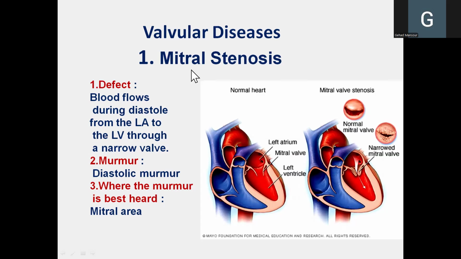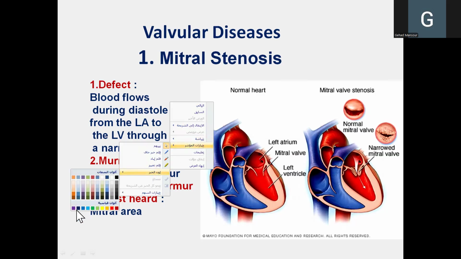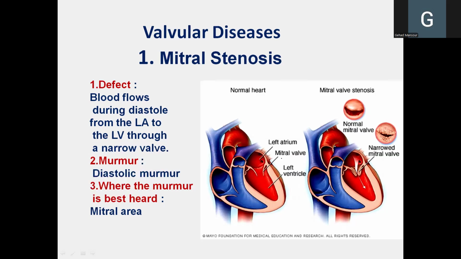If you look at the left side of the diagram, you can see a normal heart, and you can see that the mitral valve is normal. This is the normal width of the mitral valve. But when we look to the right, this is the cross section, a top view of the mitral valve, this is the normal opening.